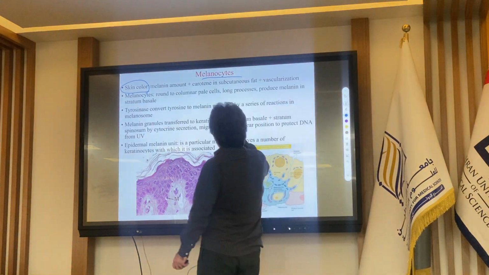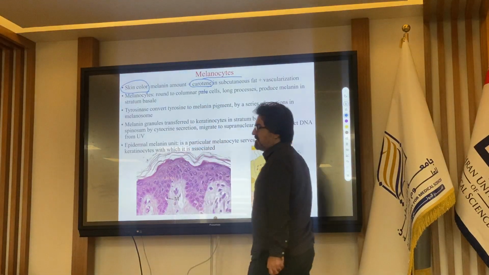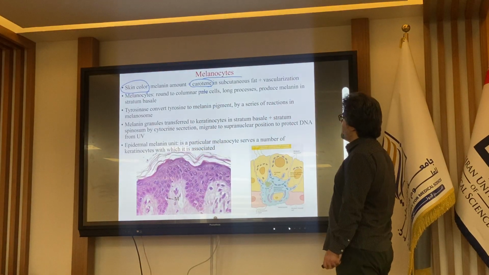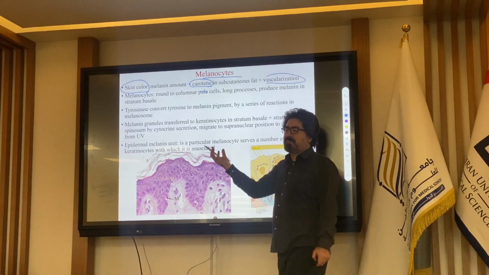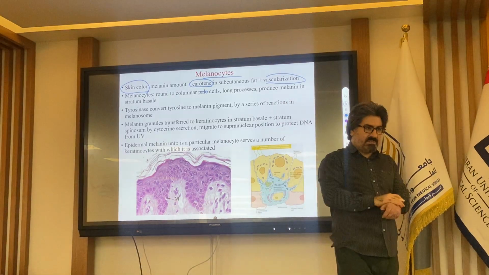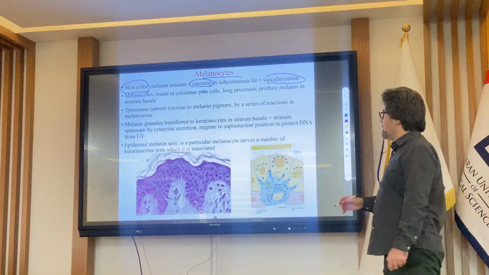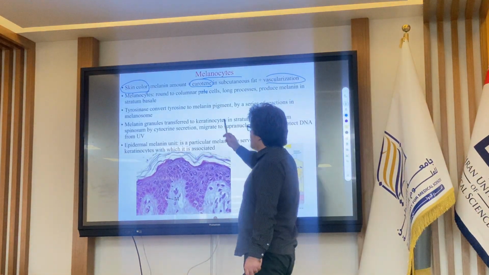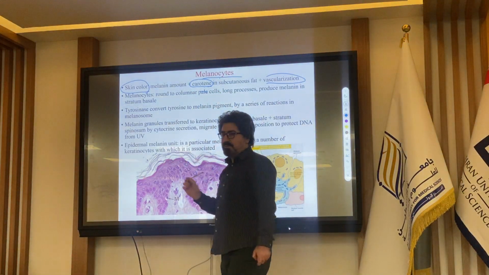For example, amount of keratin, and number of vessels within the skin. Keratin is another pigment. And the most important one is melanocytes.